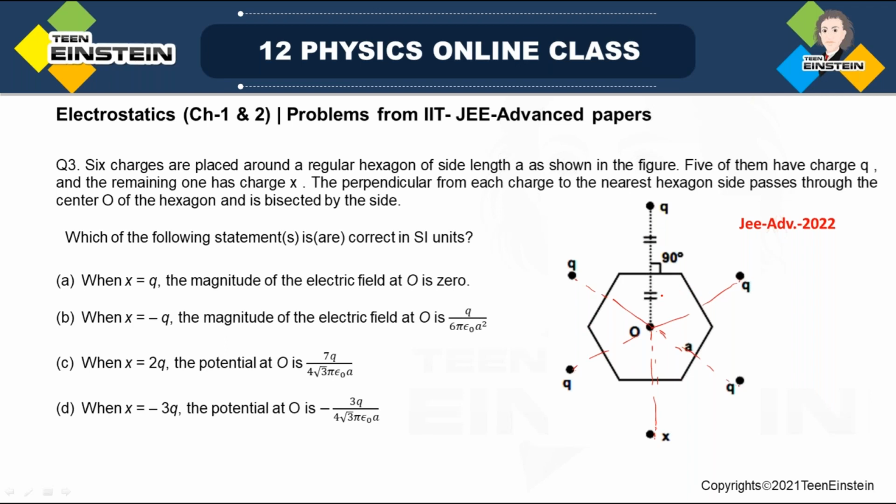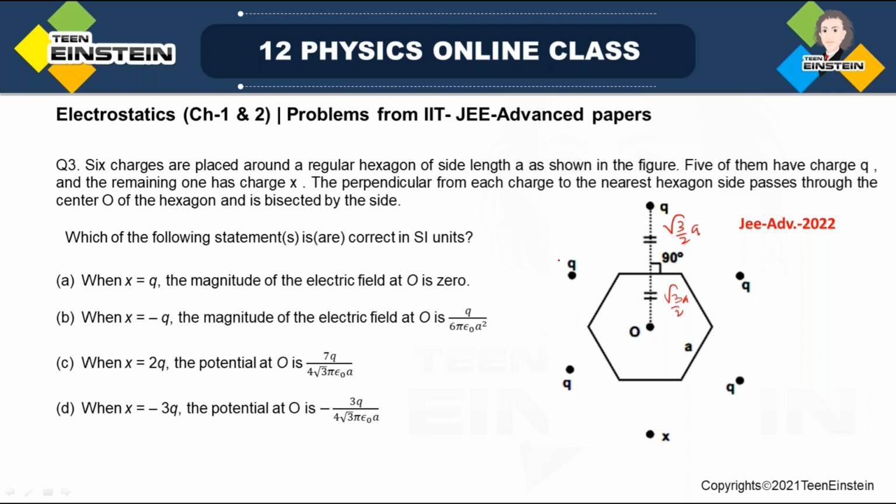As I said, this will be an equilateral triangle for all of them, since it is a regular hexagon. So this is A, this is A, this is A. So this height will be root 3 by 2 A. Because this perpendicular is bisected, this also will be root 3 by 2, and this also will be root 3 by 2.